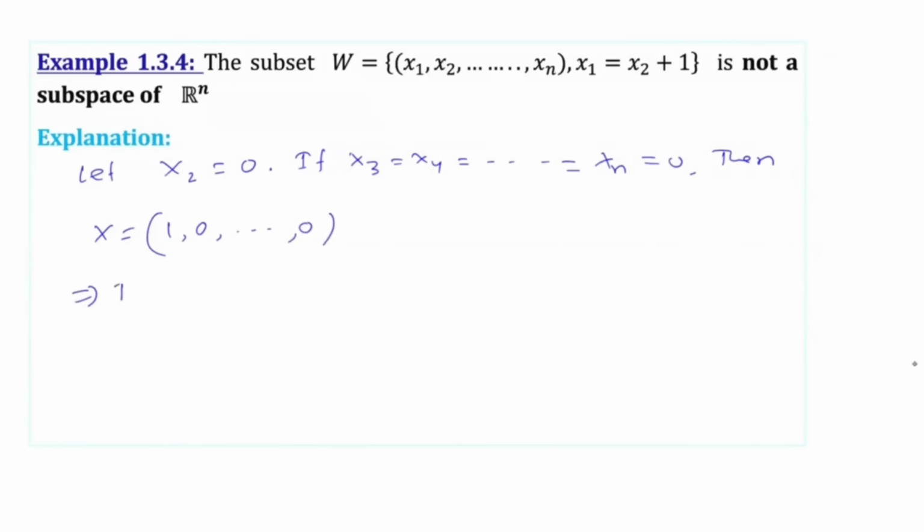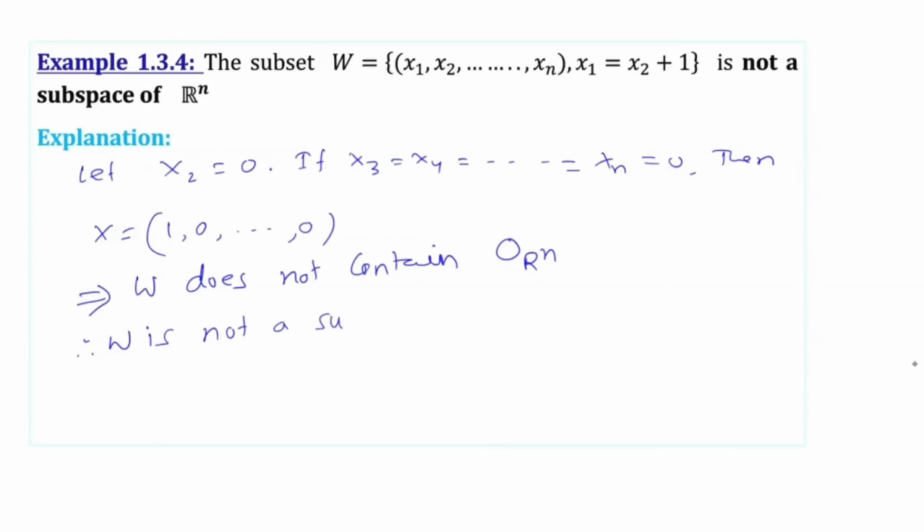But if x2 is 0, from the relation x1 equals x2 plus 1, you will get the first entry as 1, not 0. So the zero of Rn, where all entries are 0, is not in the set W. It cannot be. So W does not contain the zero of Rn, and we can conclude that this is not a subspace of Rn.